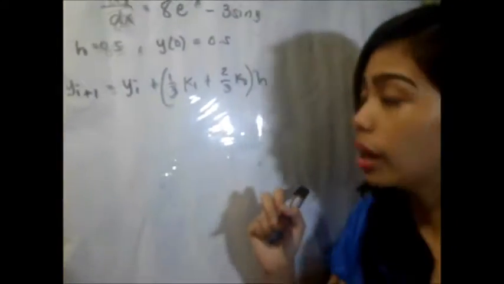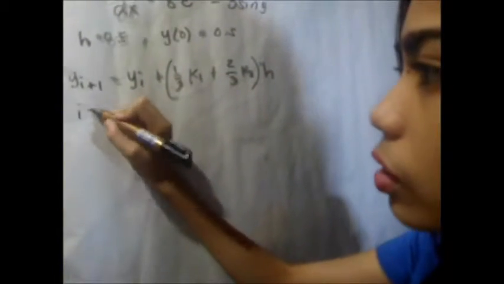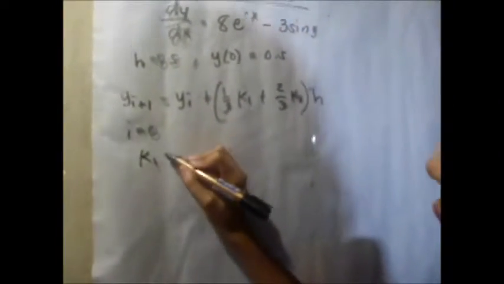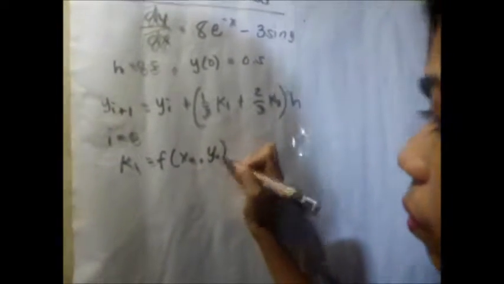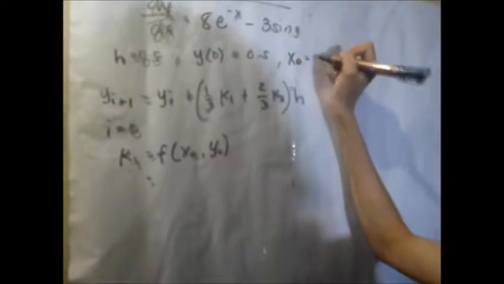So, when i is 0, we should find first the k1 and k2. For k1, we have f of x sub 0, y sub 0. Again, we should substitute the values of x and y to the equation.